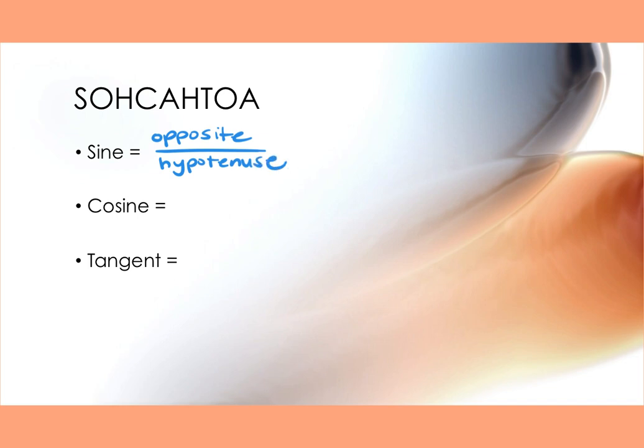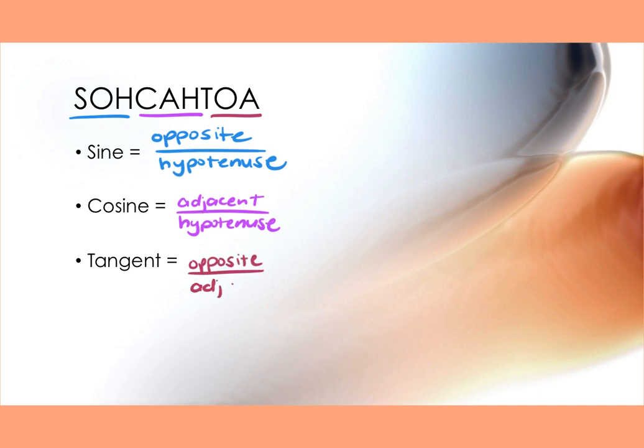CAH stands for cosine equals adjacent over hypotenuse. And TOA stands for tangent equals opposite over adjacent.